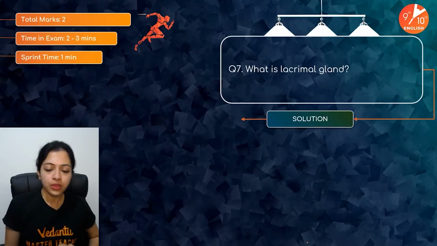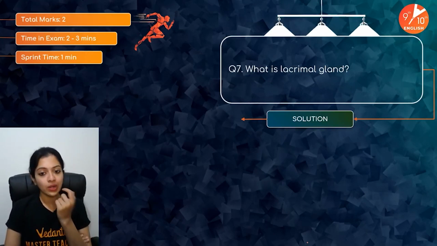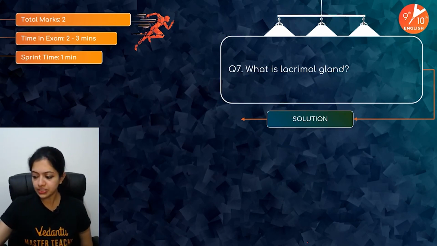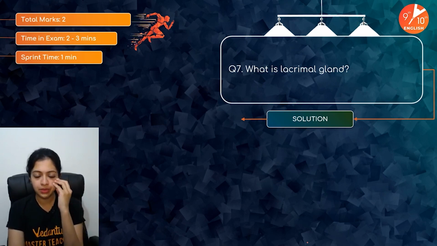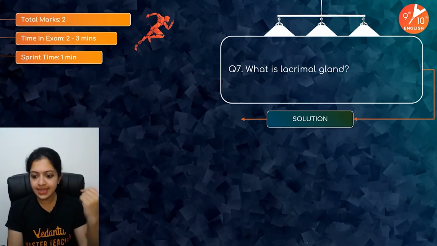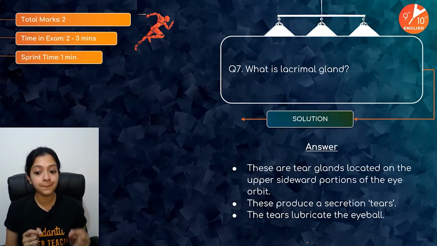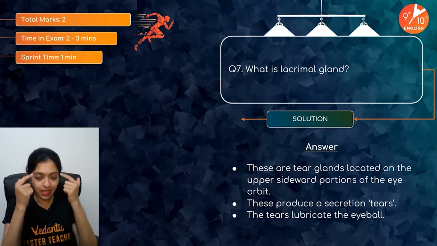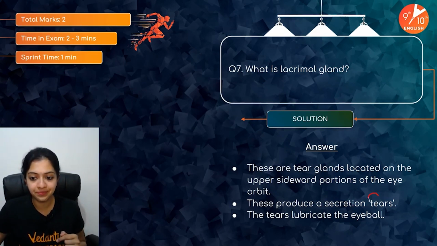Yes, children. Question number 7. What is lacrimal gland? Where have you heard this term? Think about it. Try going back, rewinding a little bit. Part of your eyes, of course, right? Your tear glands, located on the upper sideward portions of the eye orbit, and they produce a secretion which we call tears.